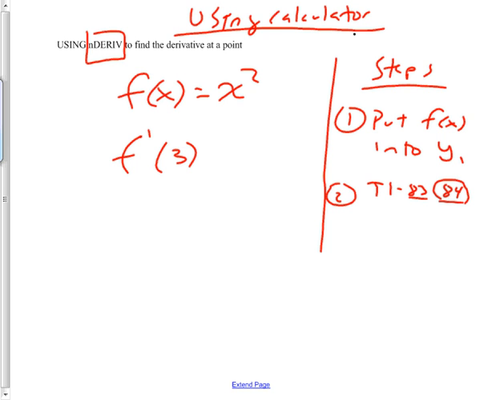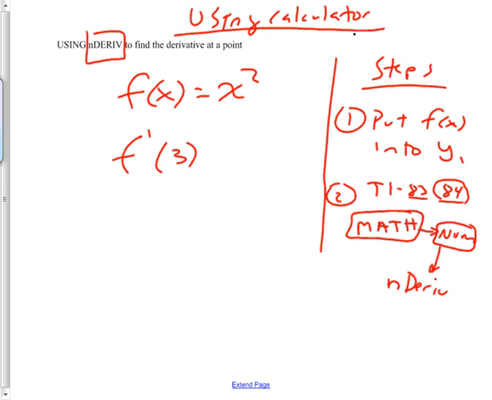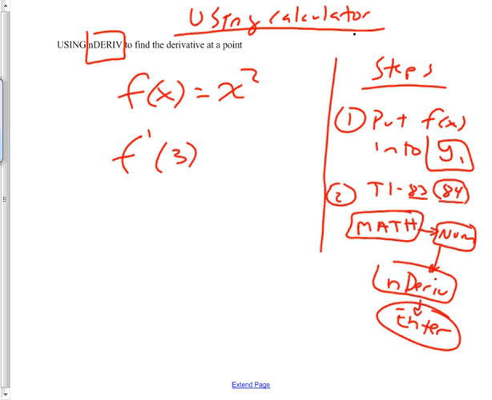So what you can do on your calculator is press the math button, and then you're just going to go down to where you see nderiv. When you do that, press enter. Our calculator can take the derivative of any function that we have put into y1.